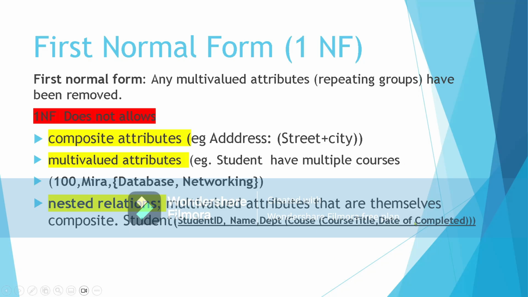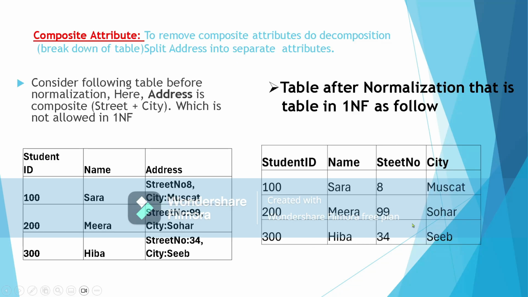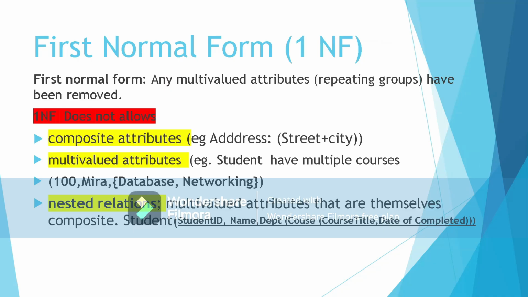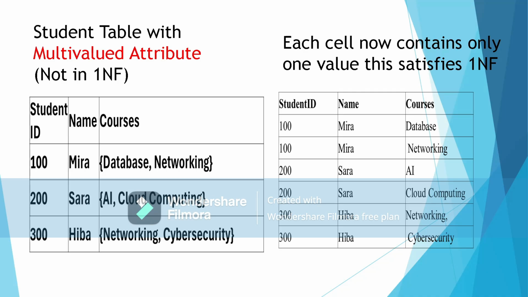That is a course title and date of completion. So we'll see how these composite attributes, multi-valued attributes, and nested relations are removed in first normal form.